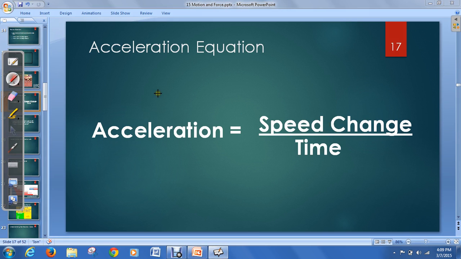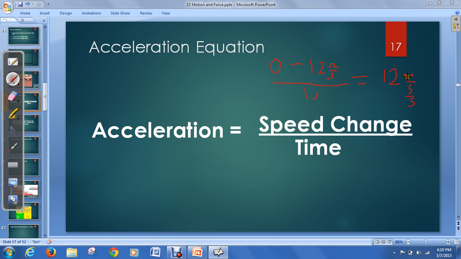So for example, let's say those Olympic runners go from 0 to 12 meters per second in only 1 second. Then their total change in speed over their time, or in other words, their acceleration, is 12 meters per second per second.